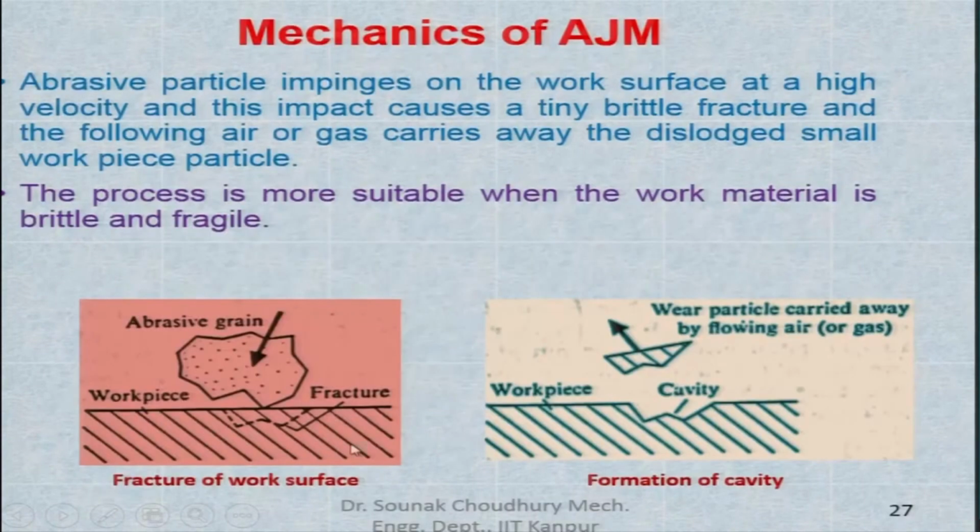Mechanics of abrasive jet machining: this is a brittle fracture. The abrasive particle impinges on the work surface at a high velocity, and this impact causes a tiny brittle fracture, and the following air or gas carries away the dislodged small work particle.